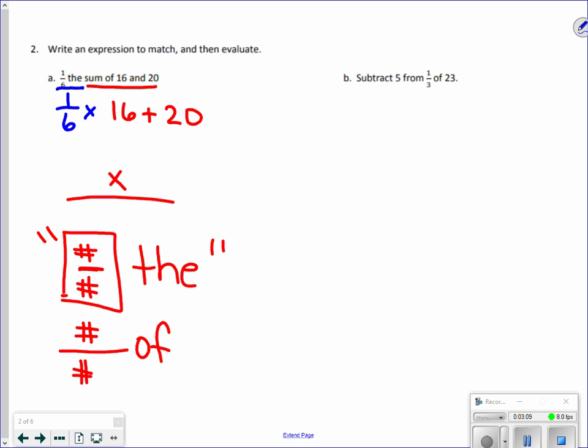Parentheses around 16 and 20, because it's 1/6 the sum. I need to add these first and then multiply by 1/6. It's been a while, but that's why we need to separate the things. 1/6 the sum of 16 and 20.